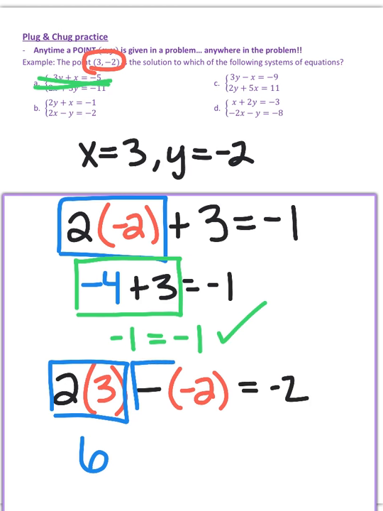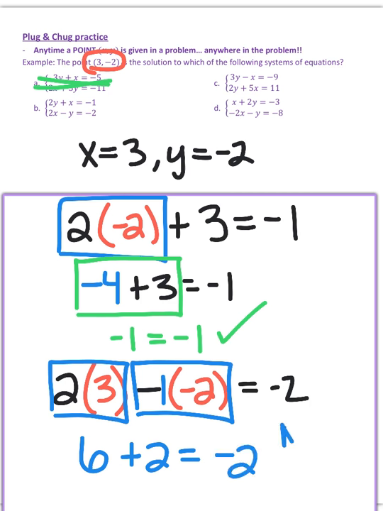And this is also multiplication because you could see this as a negative 1. And a negative 1 times a negative 2 is a positive 2. And do I have 6 plus 2 equals negative 2? Does that work? No, it does not. So even though it worked with the first one, it didn't work with the second one. And that's how you know that that's not going to be an option.